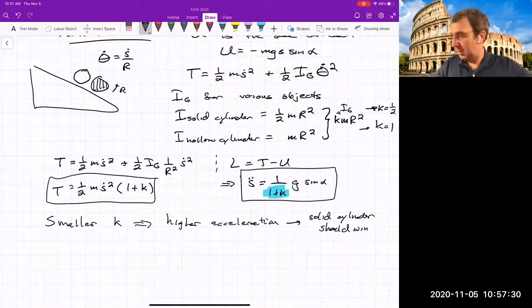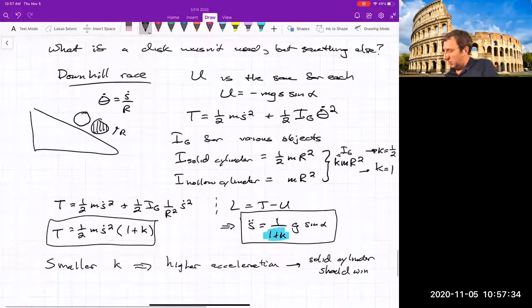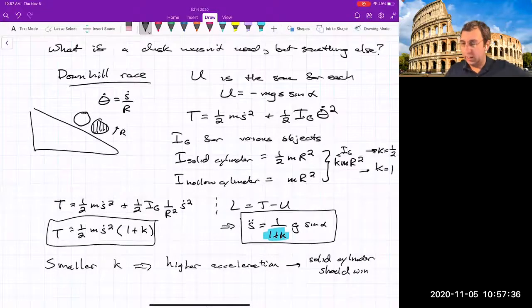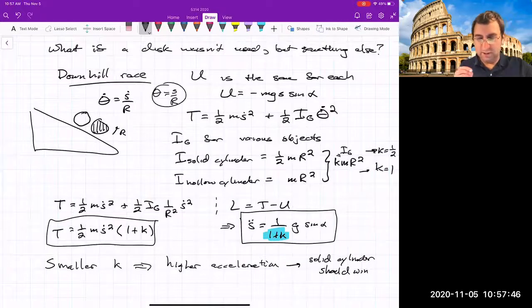Now, there is something to notice about what I did for this downhill race part. I just directly substituted in, because it could also be written as a holonomic constraint, theta equals s over r. Because we could write the holonomic constraint, I can directly substitute in S wherever I have theta.